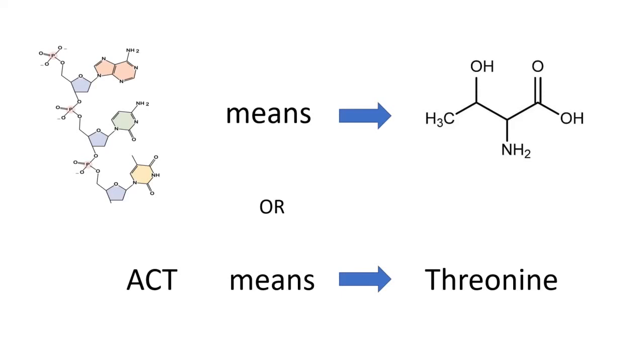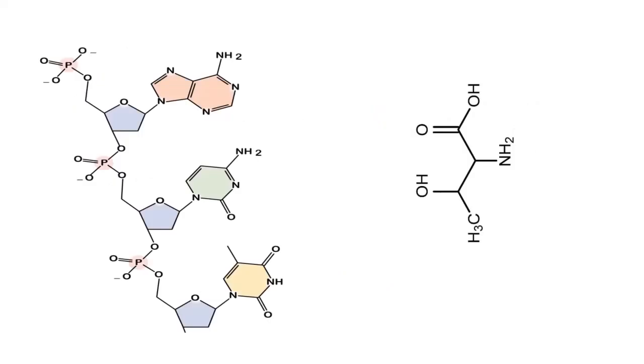On the top you see the chemical version of ACT, adenine followed by cytosine followed by thymine, and that means the amino acid threonine, which is shown in its chemical structure. What's important to understand is there's no chemical basis for the coding system. In other words, the codon does not interact in any way with its amino acid.